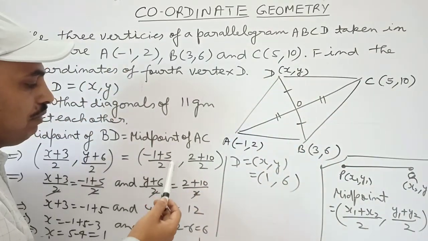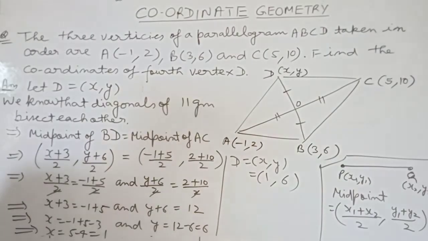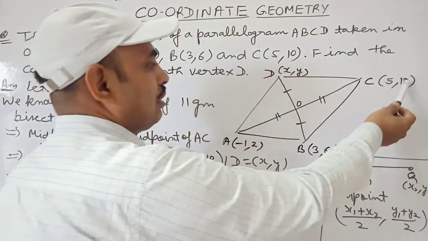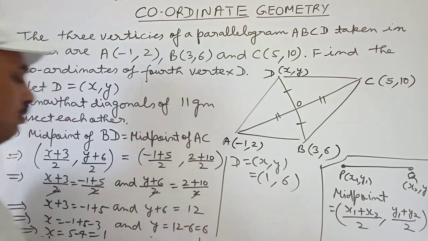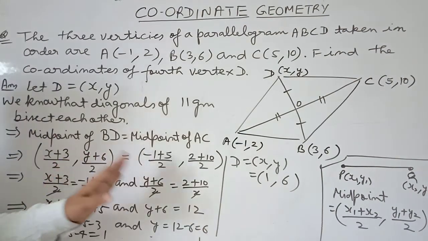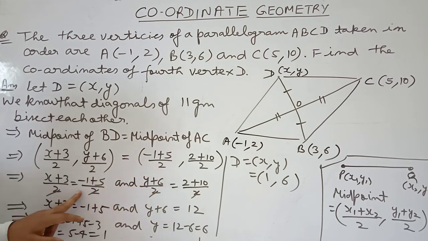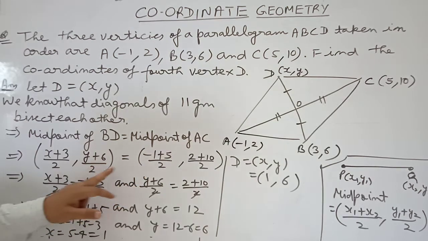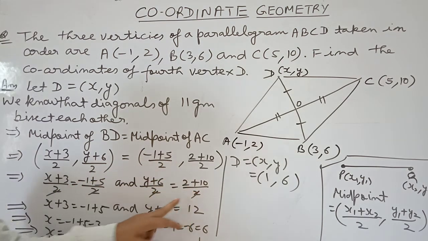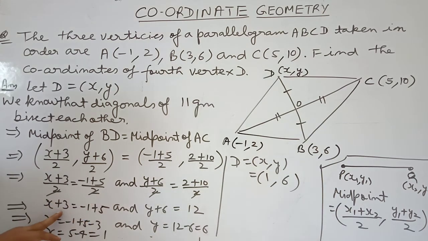Minus 1 plus 5 upon 2. Y coordinate 2 plus 10 upon 2. Compare x coordinate and y coordinate. X plus 3 upon 2 equal to minus 1 plus 5 upon 2. Y plus 6 upon 2 equal to 2 plus 10 upon 2. 2 will cancel 2. X plus 3 equal to minus 1 plus 5.